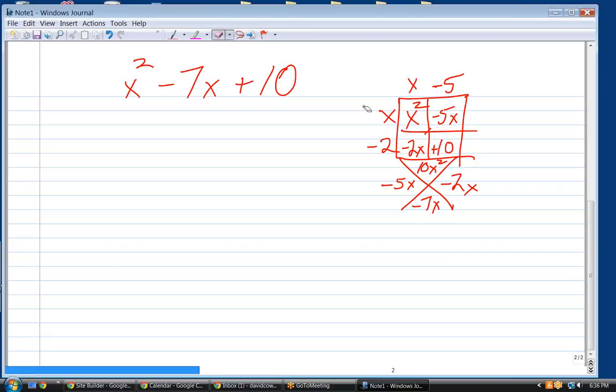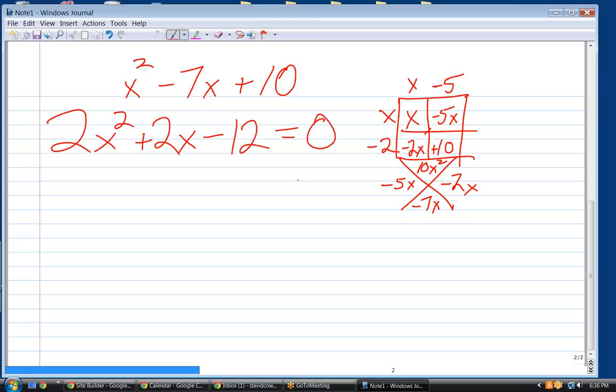Okay, so there's 2x squared plus 2x minus 12 equals 0. And you got that out of the book? Yeah. Okay, that doesn't really count, because what's our first step here? You would draw 2 parentheses after the equation.